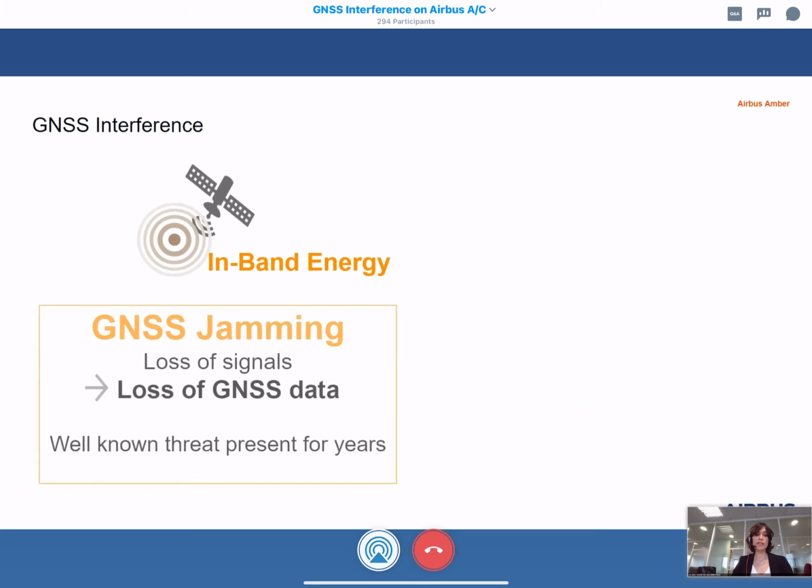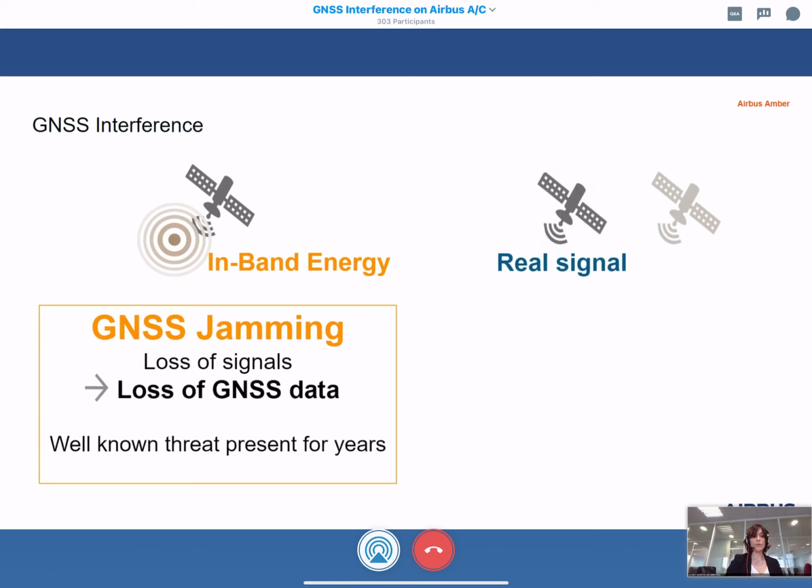Radio frequency signals present in the GNSS frequency band can degrade the GNSS reception capability by increasing the noise. This is what we call GNSS jamming. The effect of GNSS jamming is a degradation of the GNSS signal that can lead to a partial or total loss of the GNSS data. This is a well-known threat present for years. Many of you are already very familiar with these effects.